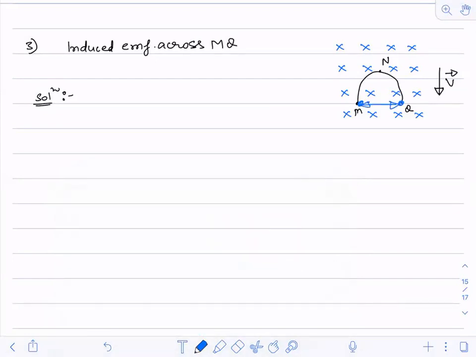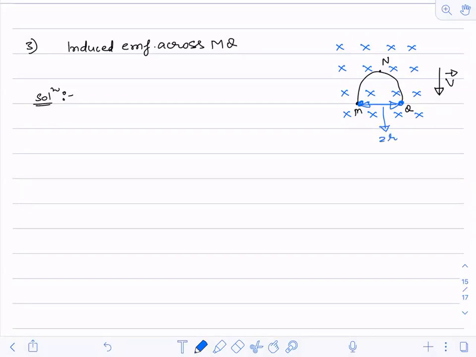What will be this length? Are you people able to hear me? Why are you not replying? This is 2R.